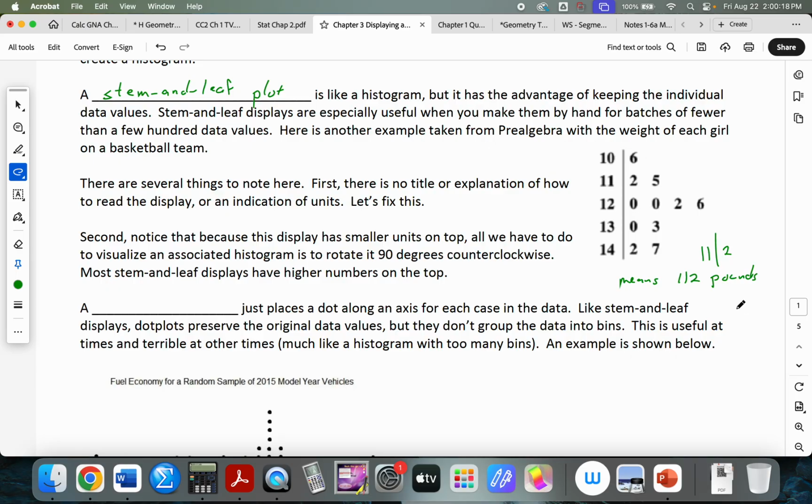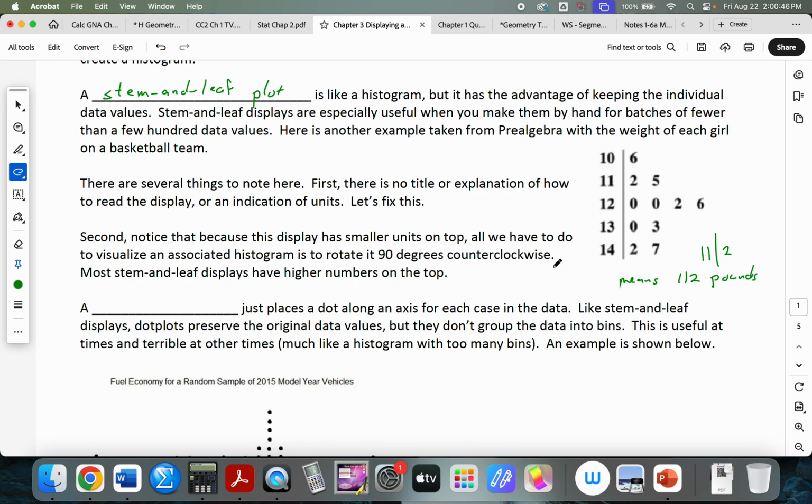This particular one, you'll also notice that the smaller numbers are at the top and the bigger numbers at the bottom. And that feels a little bit weird. Sometimes you'll see them done the other way. It just depends. When I make them myself, just because I'm so used to the y-axis, larger values on top, I almost always do them that way.